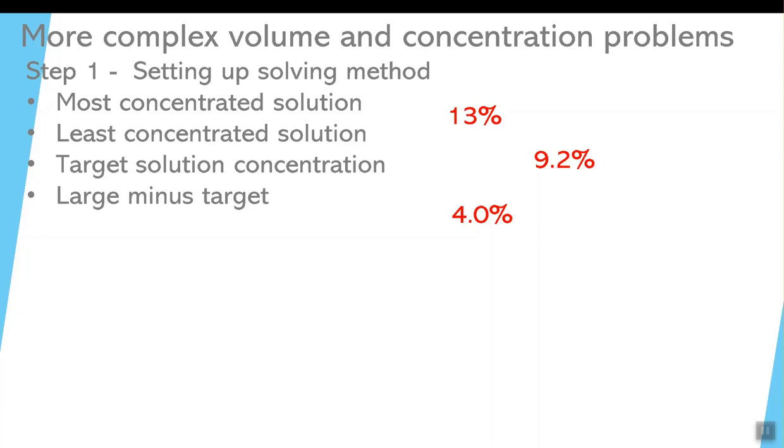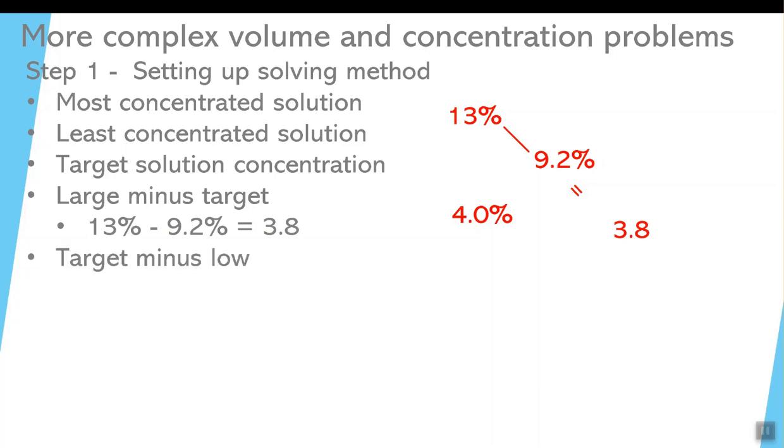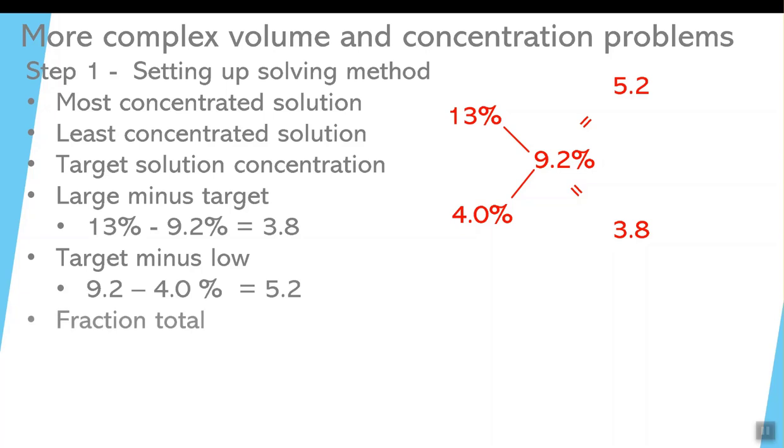First of all, you take the large concentration minus the 9.2, and that works out to a difference of about 3.8. Now we're not going to put a percentage value in, we're just going to put 3.8. What's the target minus the low, or 9.2 minus 4? That works out to approximately 5.2. You add those two together, and it works out to be about 9.0.